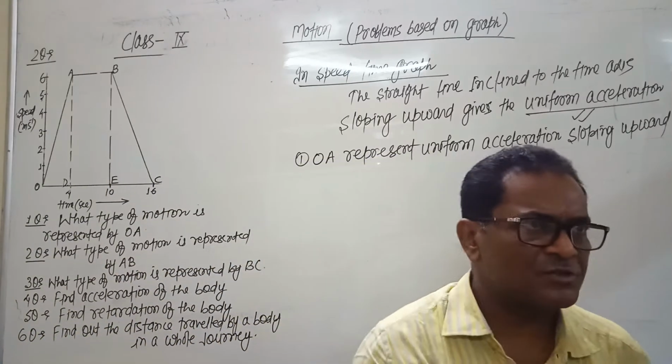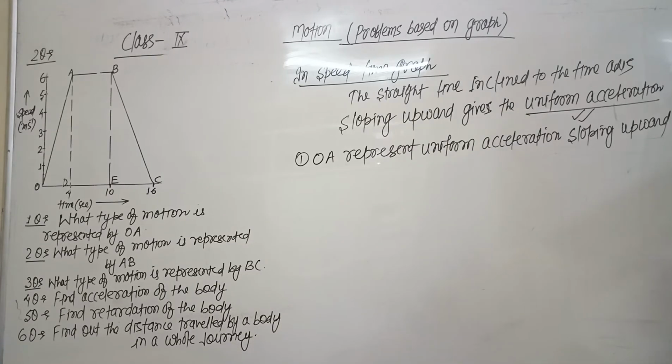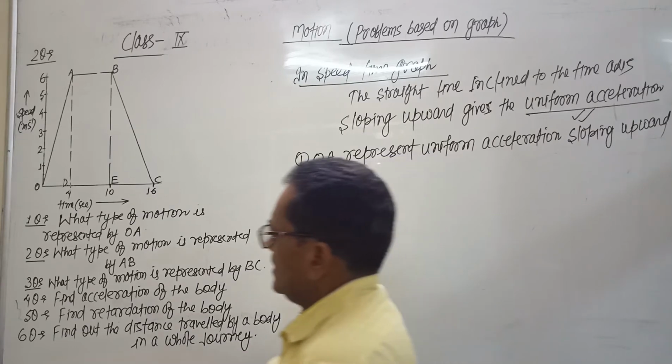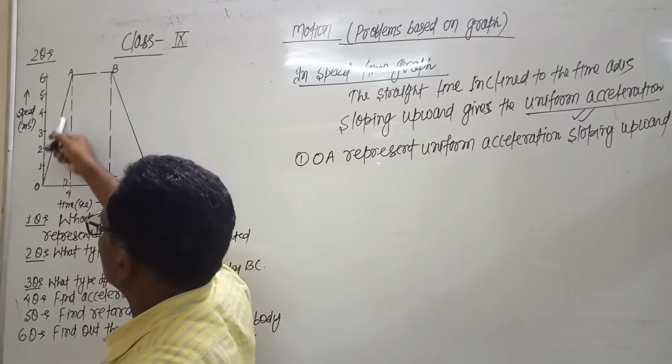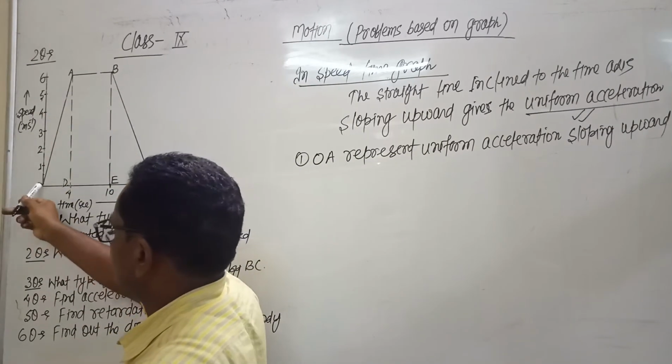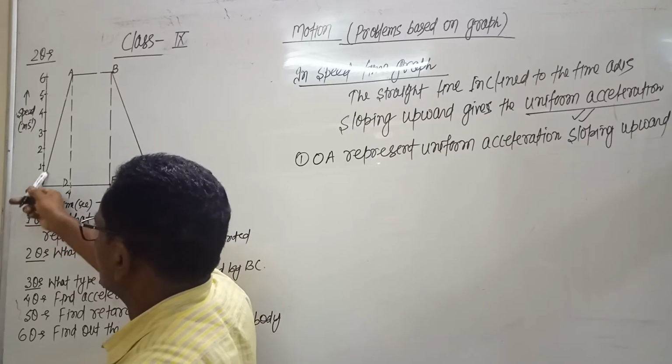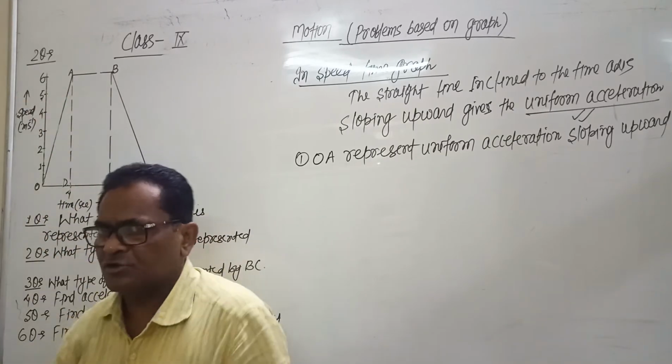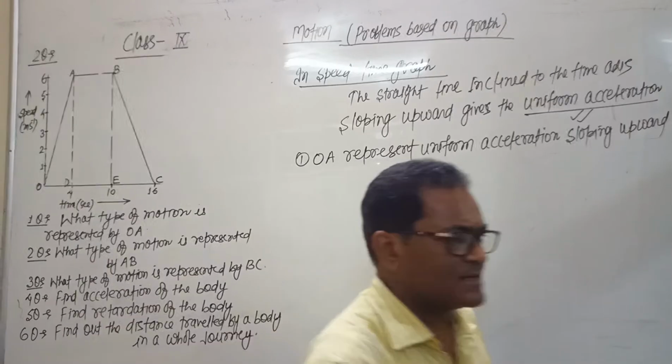Sloping upward means its speed goes on increasing continuously. It started from 0 and its speed goes on increasing continuously.